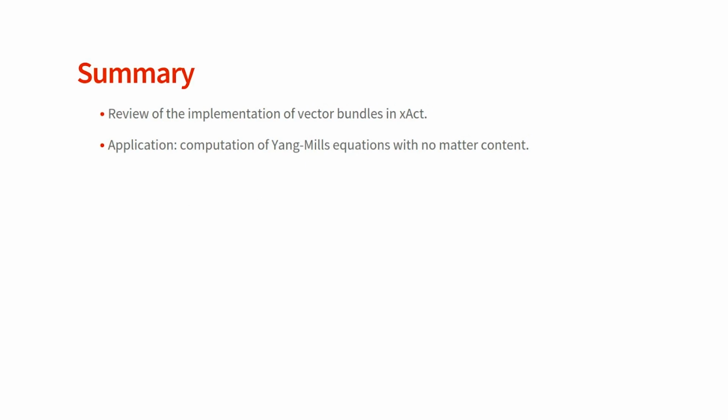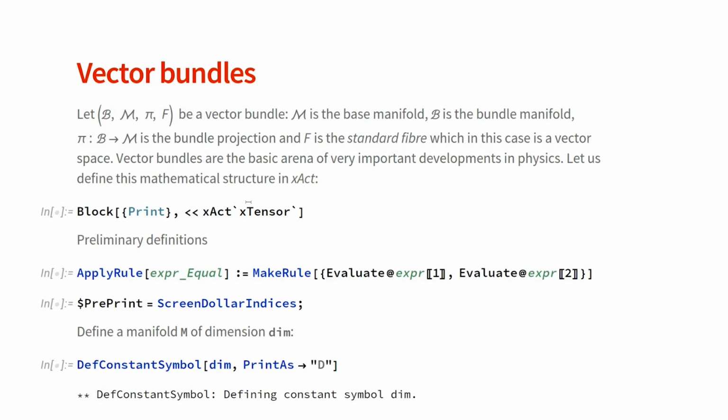Okay, so let me just start. I start here by reminding the mathematical definition of a vector bundle. We have a number of ingredients. We have the base manifold, the bundle manifold, and the projection of the bundle manifold on the base manifold.